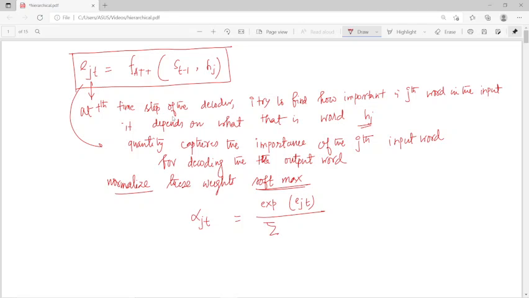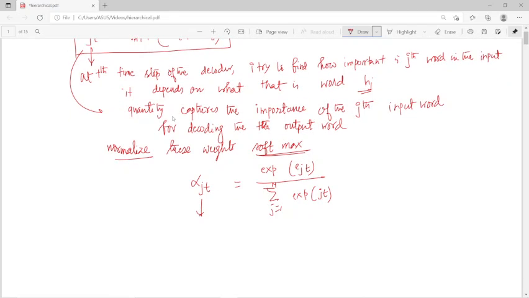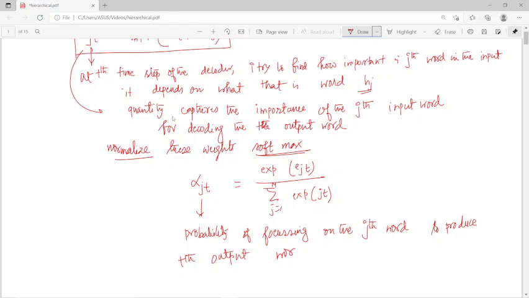Softmax means, with j equals 1 to m, the exponential of e_jt. And what is alpha_jt? It denotes the probability of focusing on the j-th word to produce the t-th output word of the translation.